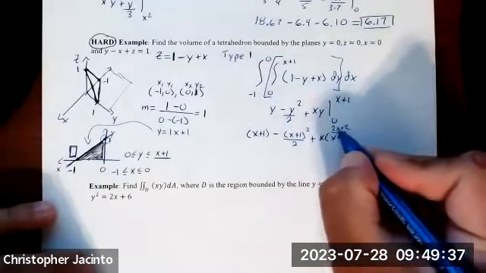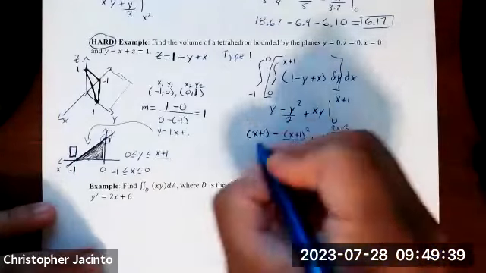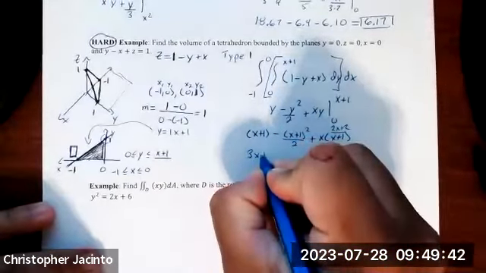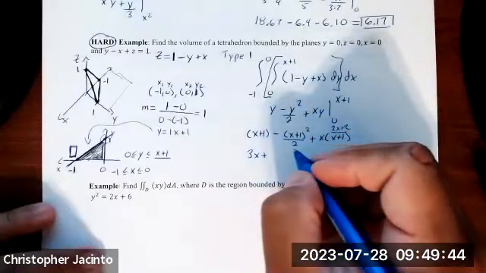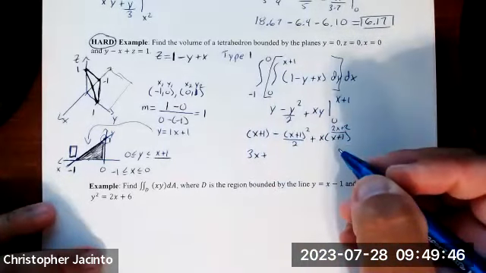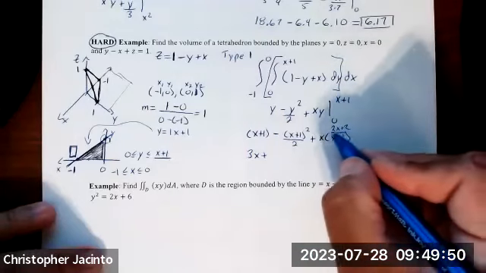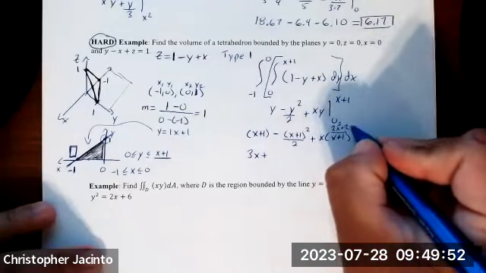Therefore, I could add these together, so that's going to be 3x, so I'll have 3x plus 3. Oh, no, this is x squared when I talk about x.